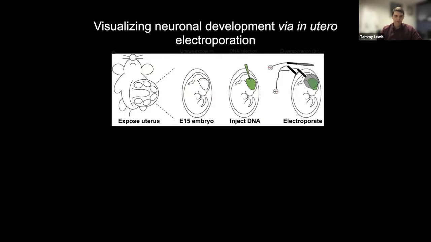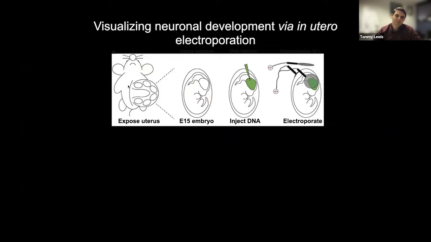And then the second challenge is to try to actually study these in a physiologically relevant situation. To do that, we use a technique called in utero electroporation, which allows us to visualize neuronal development in vivo.